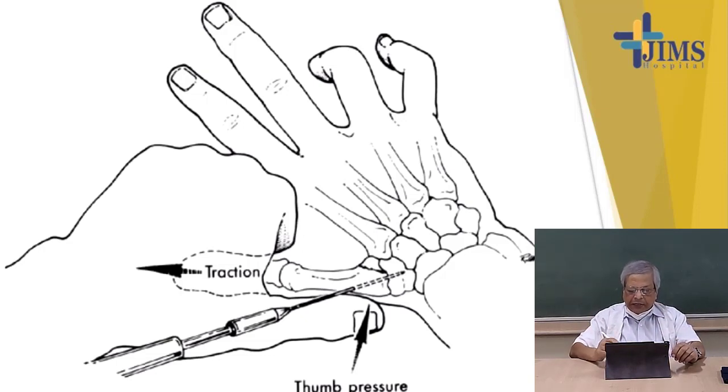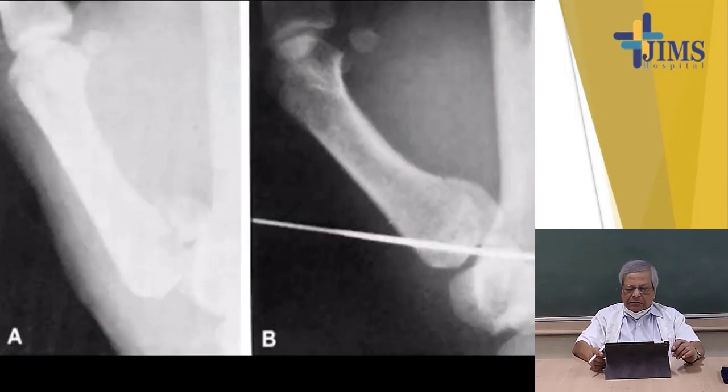To hold it in place, one K-wire is placed like this. Someone puts thumb pressure here, otherwise this will come out again this way. So by the thumb pressure here, this is pulled back to the joint, then this trapeziometacarpal joint is temporarily stabilized till it heals.